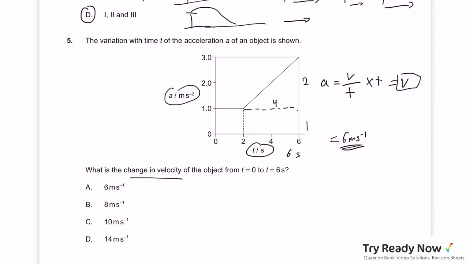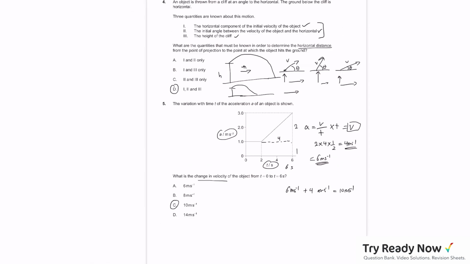But because it's a triangle, it's just 2 times 4 times half, and that gives us 4 meters per second. Now we're finding the total area, so we add them together. That gives us 10 meters per second. So that's for question 5, option C.